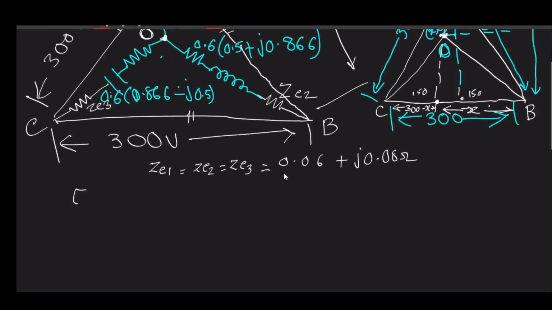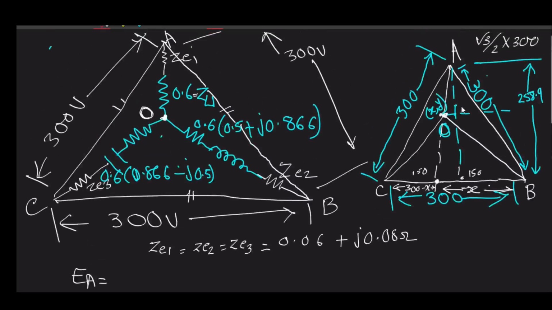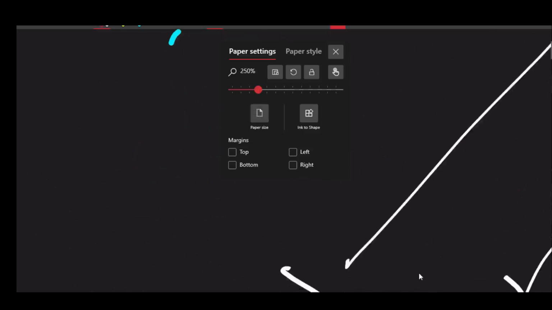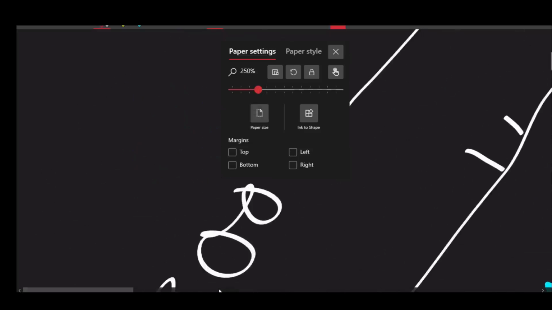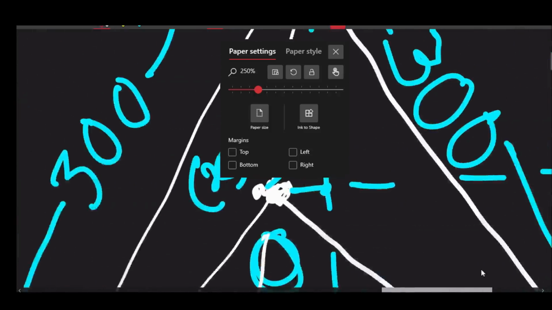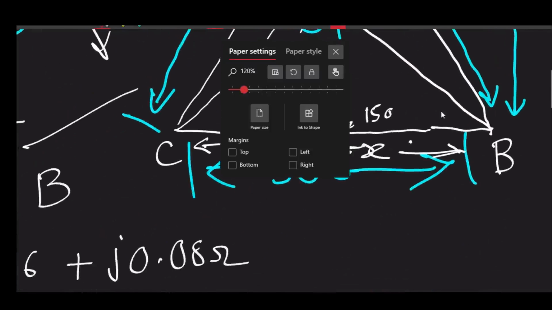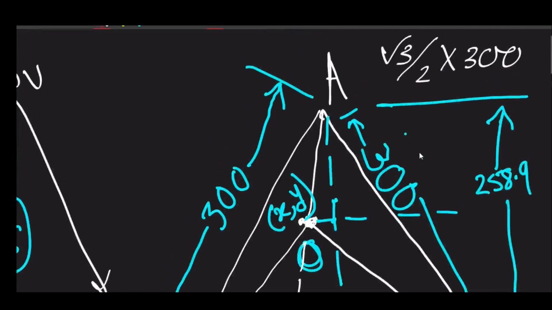So for the voltage equation, if we consider the voltage between O and A is EA, then how much is it? Let me just zoom this one. Here you can see that you have to find out the length of this hypotenuse.